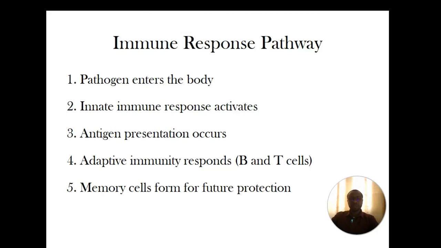They produce B and T cells, and this B and T cell production initiates the antibody and also T helper cell involvement, and they fight the pathogens. And if the pathogen is eliminated, the development of memory cells forms for future protection.